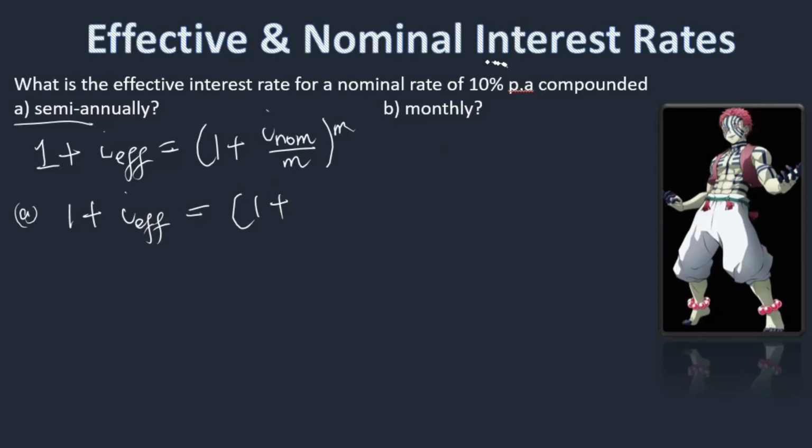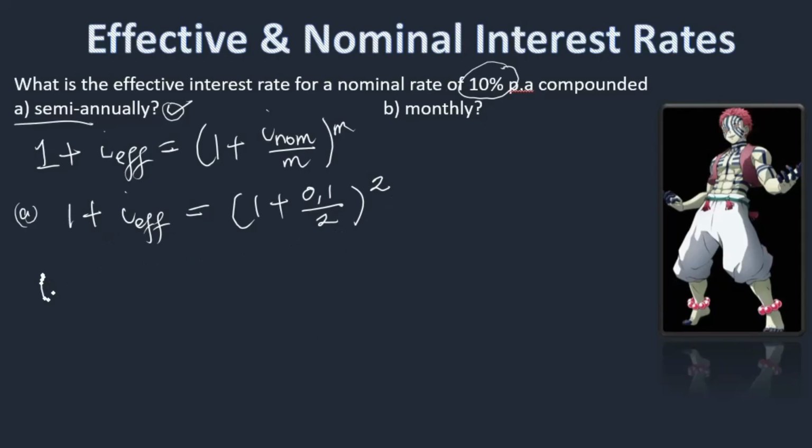This is my nominal rate because I have 10% per annum, but it's compounded with a different period. So my 10% here is 0.1 over my compounding period. If I'm compounding semi-annually, it means I'm compounding 2 times a year. And then also here, I'm going to have 2.